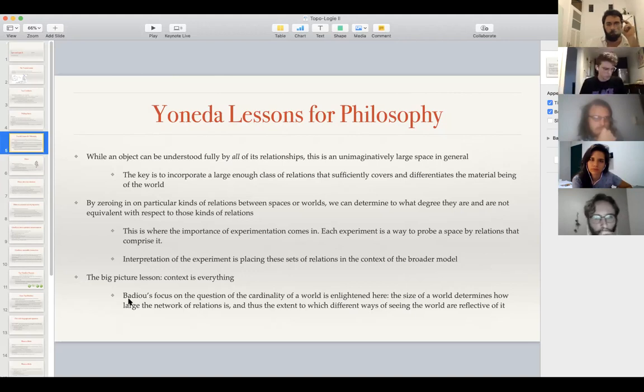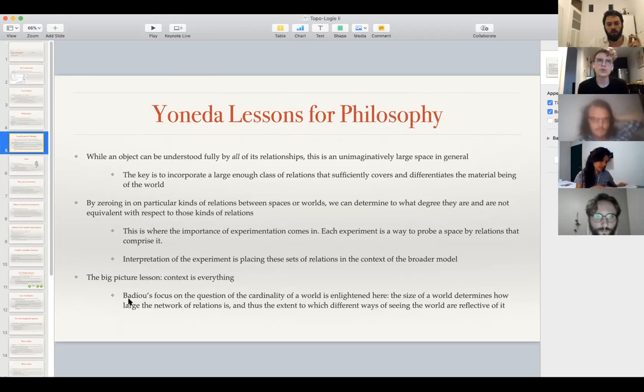This is something I realized as I was doing the presentation, but I think it's an important way to understand Badiou's focus on the size of a world. For a long time, I didn't understand the exact point of it. For example, in Being and Event, he talks about the state and the size of the state compared to the subject or person.